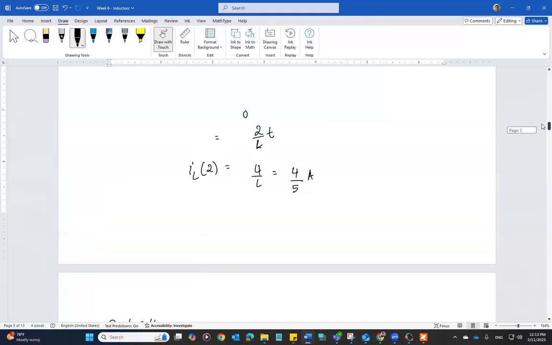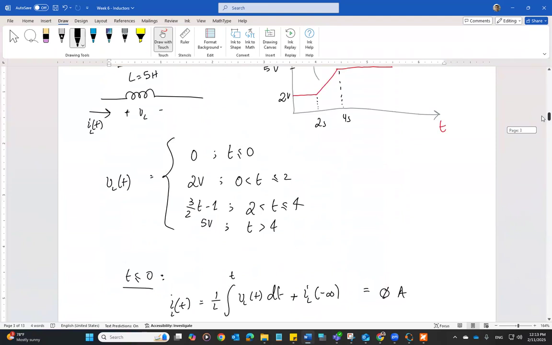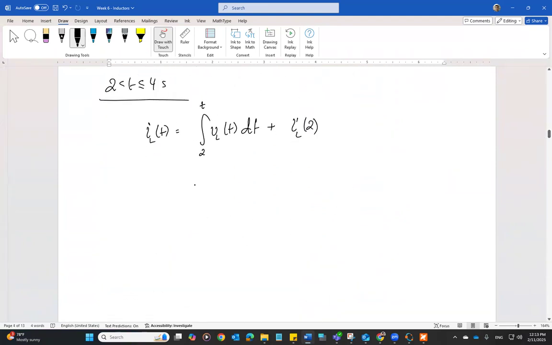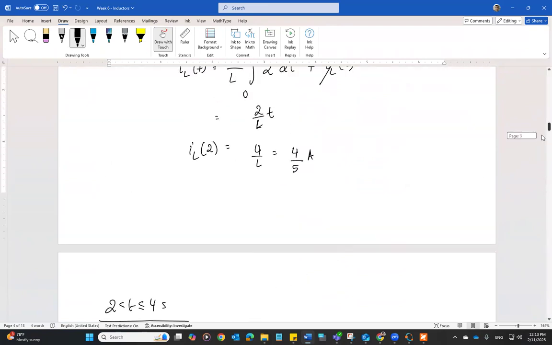Okay, the equation for the voltage is the line equation, 3 by 2 t minus 1, dt, and the value of the inductor current at 2 seconds we calculated was 4 by 5, or 0.8 ampere.